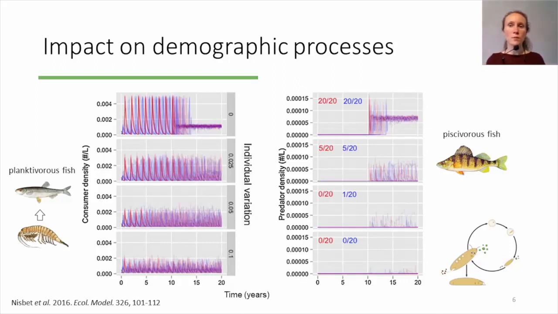So having a much more diverse population of prey, of the planktivorous fish here, makes it much more difficult for the top predator in this situation to actually exploit this population and make a good living out of it in a way. Which means that even variation, and here that's mostly continuous variation at the individual level, will actually lead to huge differences when you go higher up in population and communities.